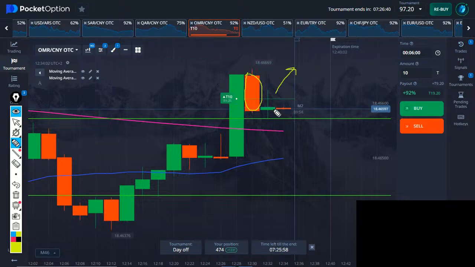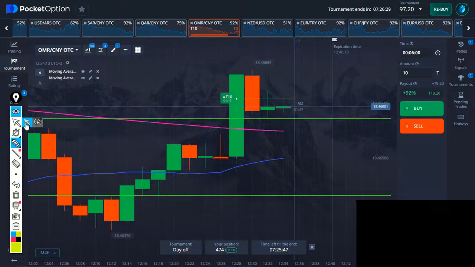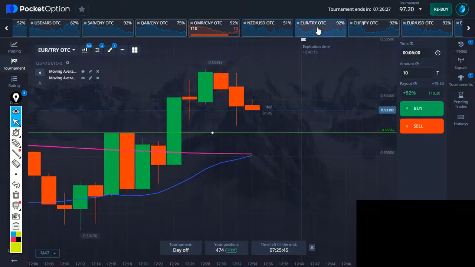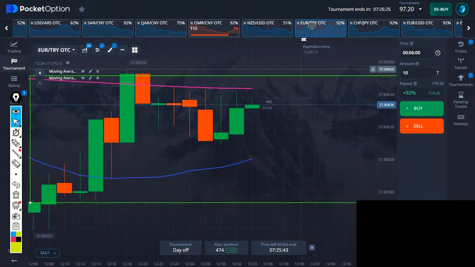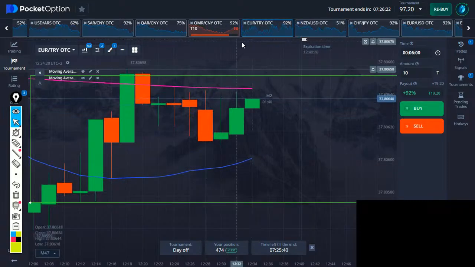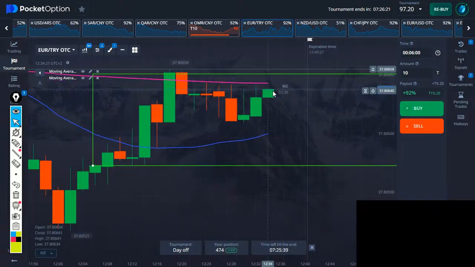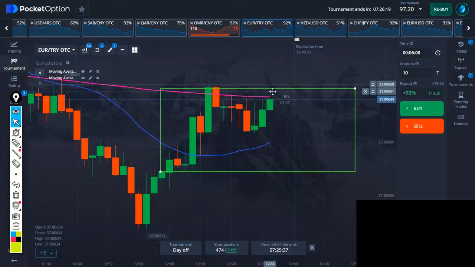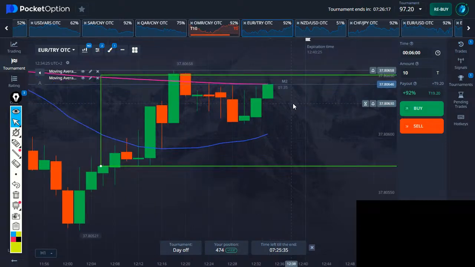It has a gap down. It should push up. Or it will reject from this area and push back up. Nice. Keep going. That's it. Keep going.